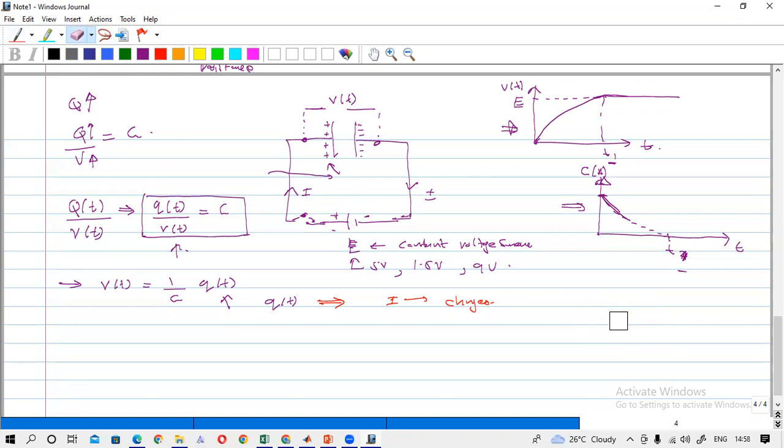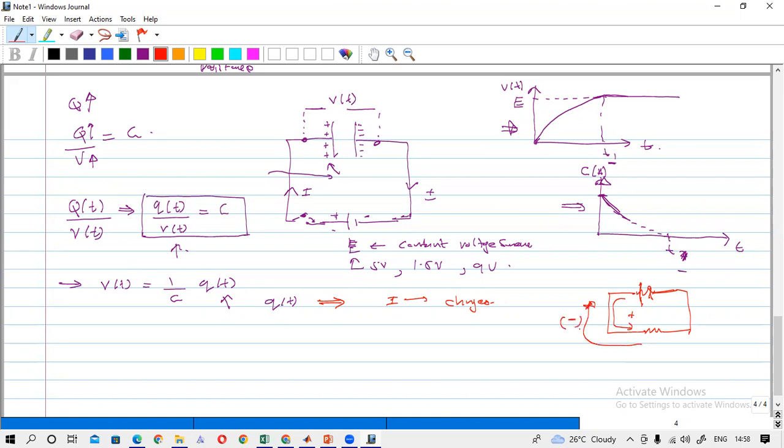Actually we define this as the current. How do we define the current? If you give a voltage difference across a resistor or a load, the plus charge goes in this direction, and the minus charge, or electron, goes in this direction.